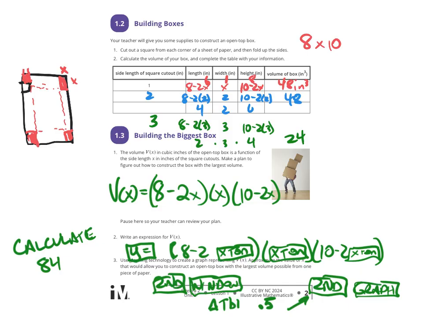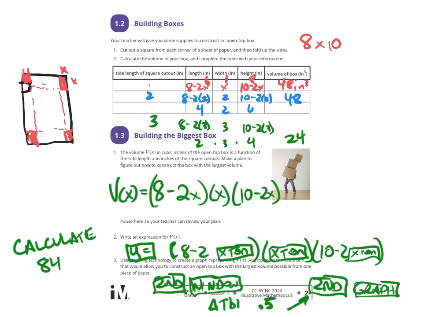And what this will do is this will make the x values change. So you get 0, 0.5, 1, 1.5, 2, 2.5, and so on and so forth. And then you can look at the volume and you can see how the volume of the box can be maximized for the right x length to give you the largest amount of volume for the amount of x that you cut off the sides of each side of the piece of paper.